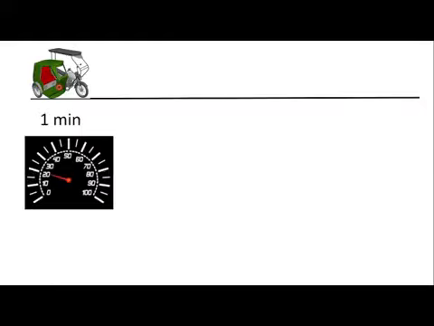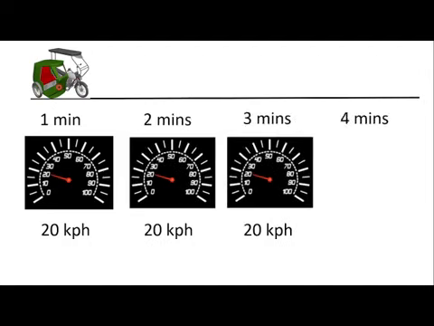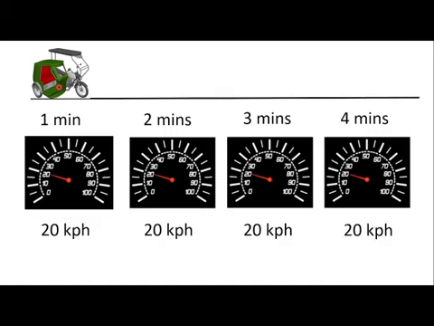Now, let's take a look at this illustration here. You are riding a tricycle and have noticed the following speeds recorded in its speedometer. Speedometer is an instrument that indicates the speed of a vehicle. Looking at the situation here, nagbabago ba ang speed ng tricycle?